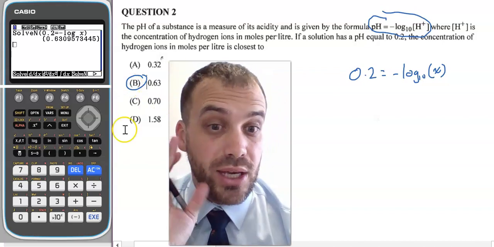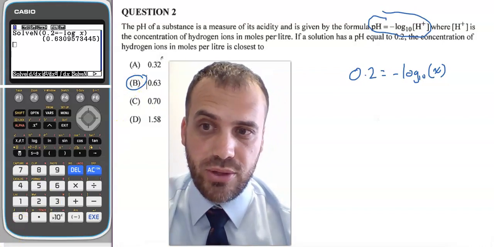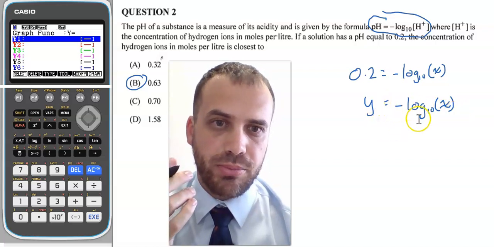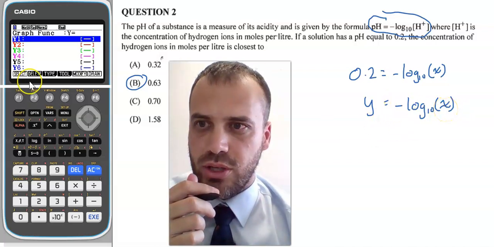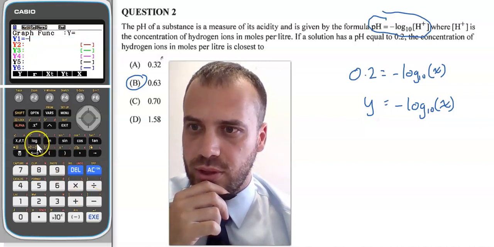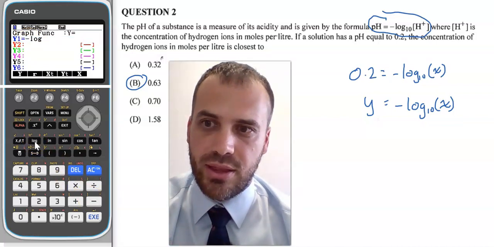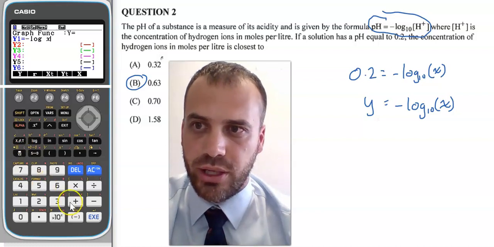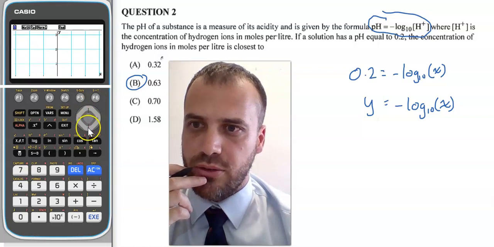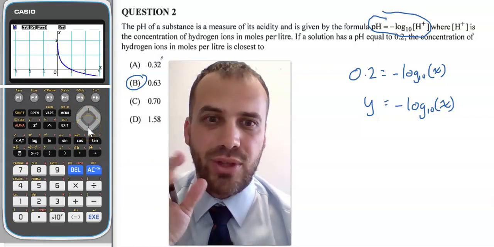Now again, you can graph this as an alternative method. What it boils down to is an equation like this, y equals negative log base 10 x. So if I type that in here, y equals negative log, again there's a base 10 there, you just don't need to write it, and we draw it, we get a graph that looks a little bit like that.